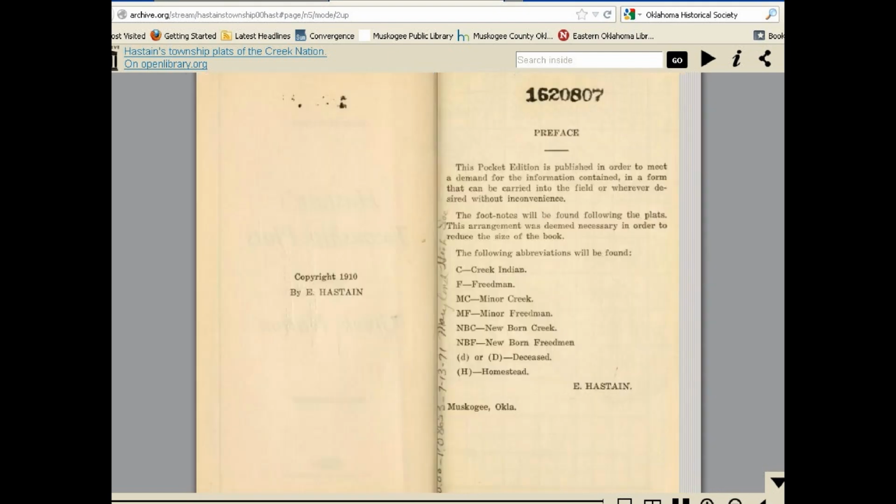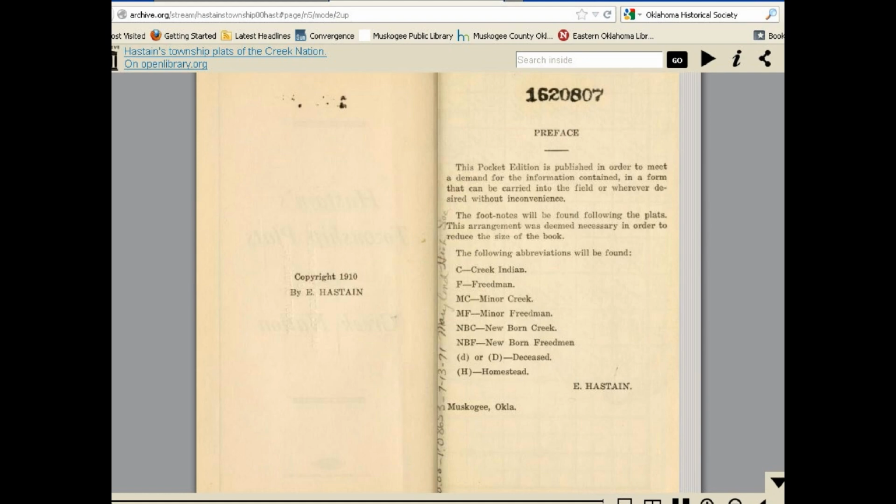In this particular book, in the preface, it tells you what those abbreviations mean on the map. C for Creek Indian, F for Freedman, MC for Minor Creek, MF for Minor Freedman, MBC for Newborn Creek, MBF for Newborn Freedman, deceased, and then a homestead.